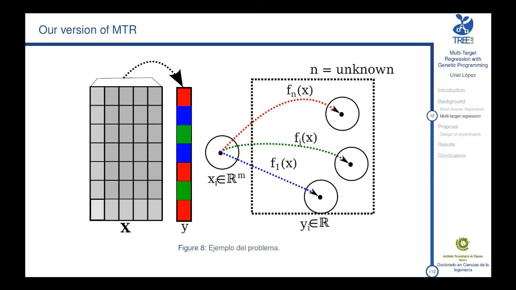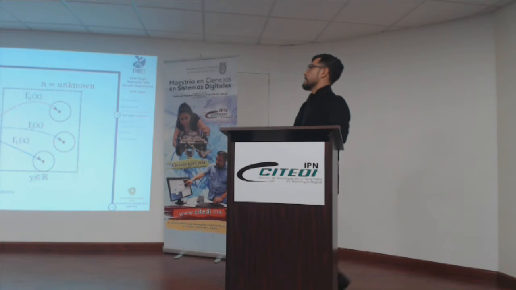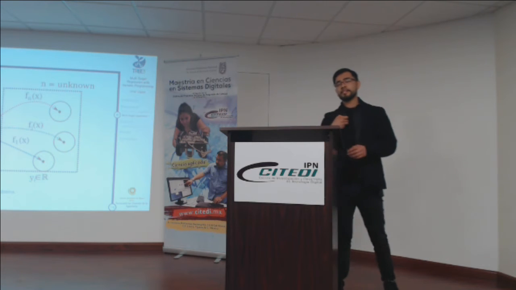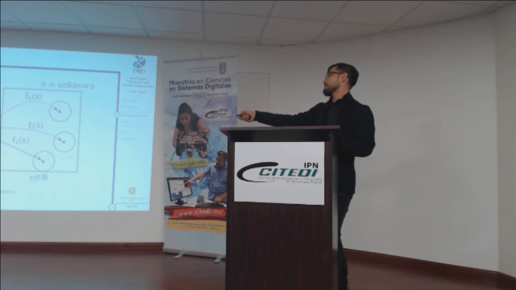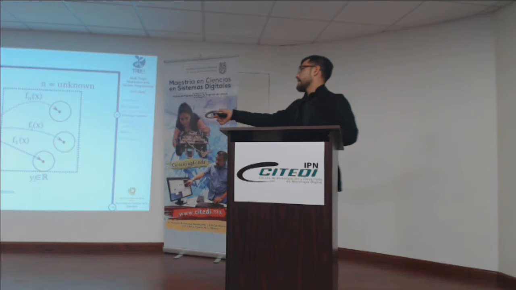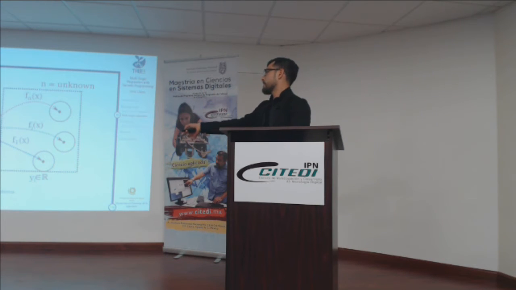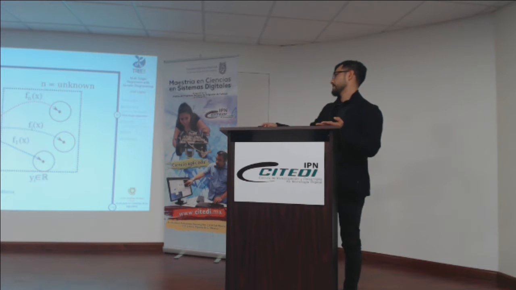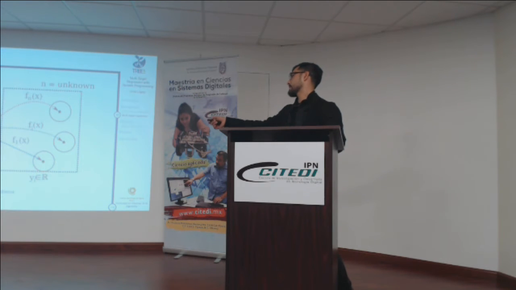So how does our problem differ from the traditional multi-target regression task? Well, as we remember, a multi-target output is a matrix, with multiple rows and columns. In our variant of the problem, we only have one output column. And I just colored this part because we know that there are at least two signals or two sources in that output vector.